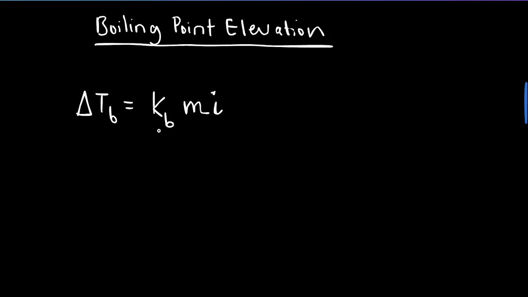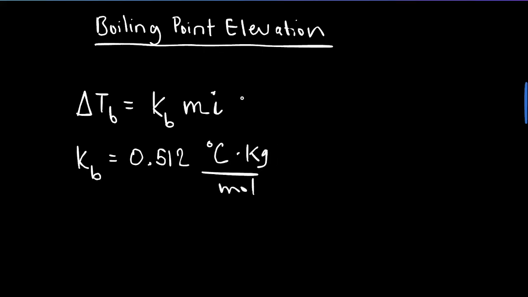Our Kb is going to be the boiling point elevation constant. And that is a value that is dependent on the solvent. It varies from solvent to solvent. And so our Kb for water, for example, is going to be equal to about 0.512 degrees Celsius per kilogram over moles.